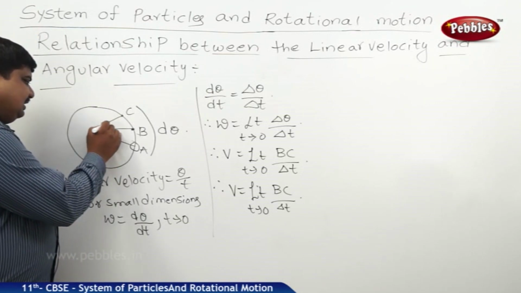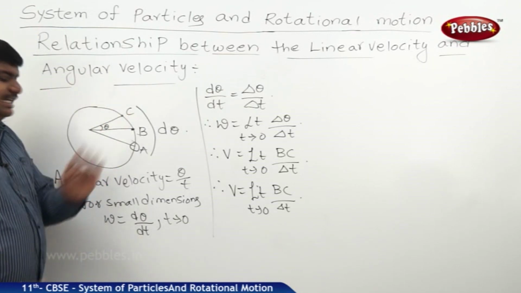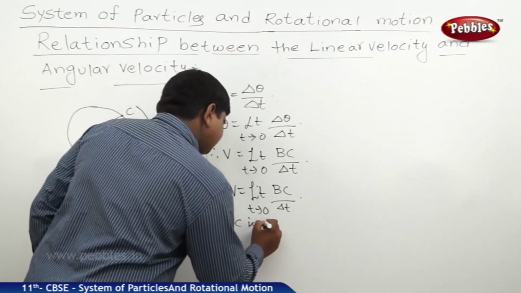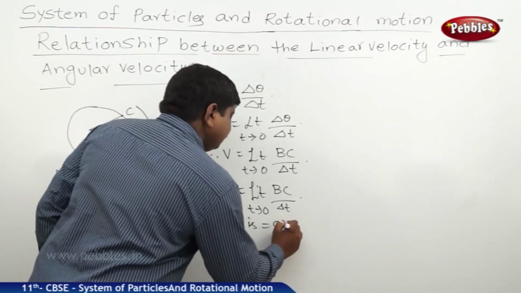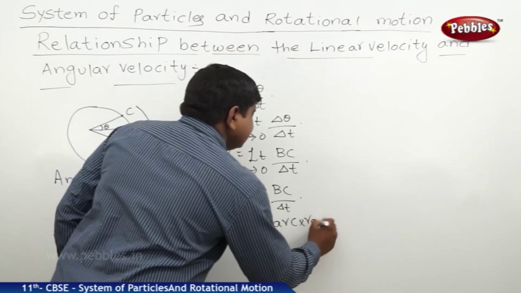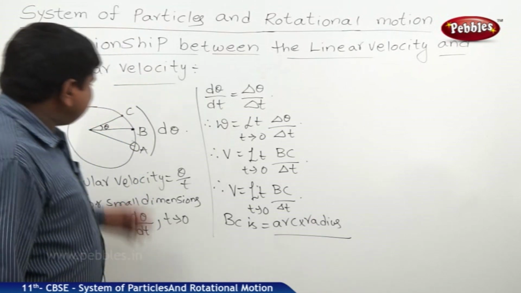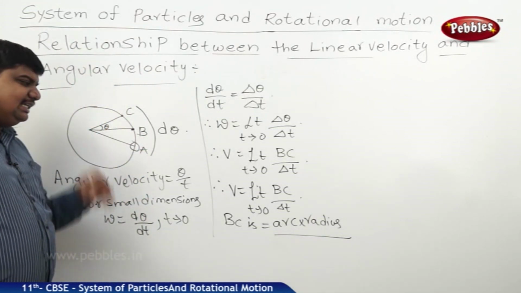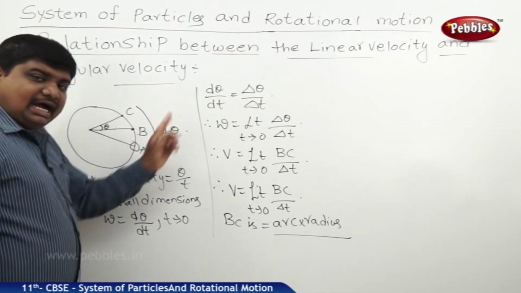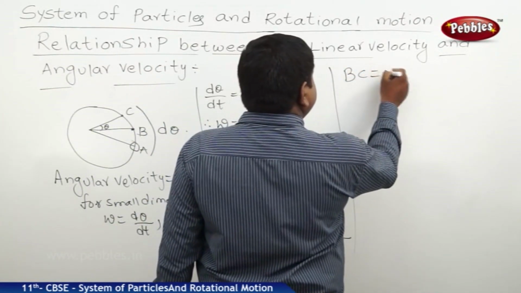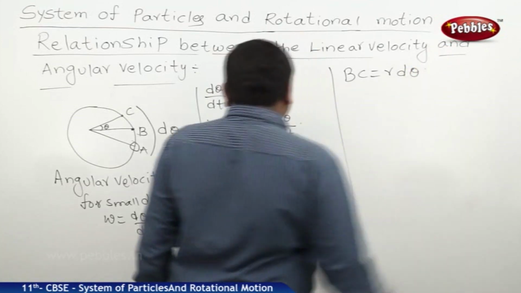From this figure, BC is an arc of a sector, equal to arc into radius. How much angle is subtended by this arc? Theta. Radius is r. Therefore BC is equal to r into d theta.